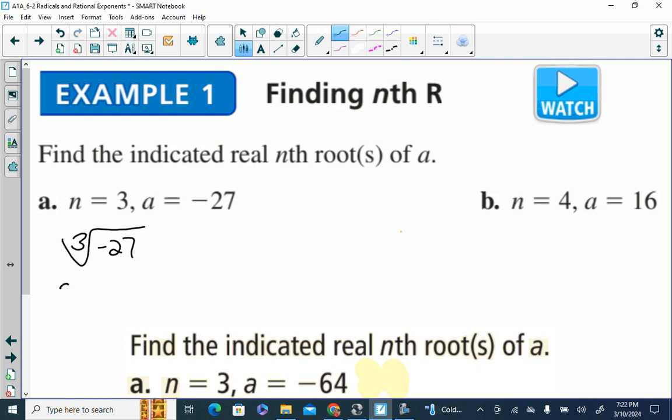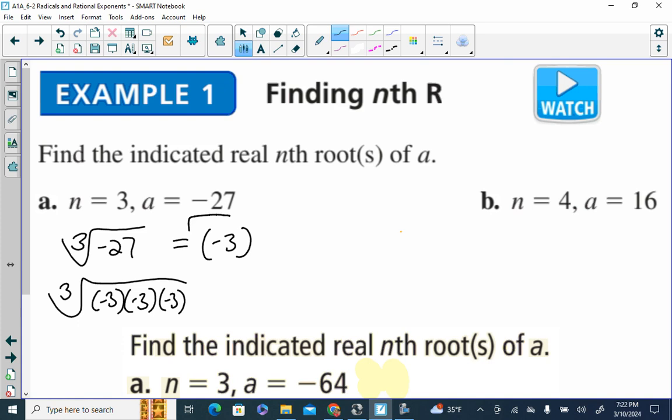That would be the same as the cube root of negative 3 times negative 3 times negative 3. 3 times 3 is 9, times 3 is 27. We have an odd number of negative factors, so that makes it negative 27. So the cube root of negative 27 is going to be equal to negative 3.